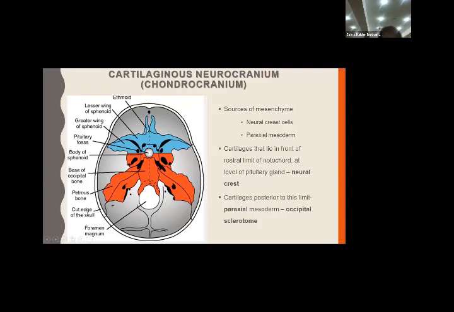So neural crest cells say this area in front of the pituitary fossa, या cranial end of the notochord, and the area in red, area posterior to the pituitary fossa, or the area posterior to the cranial or rostral limit of notochord. This develops from paraxial mesoderm.